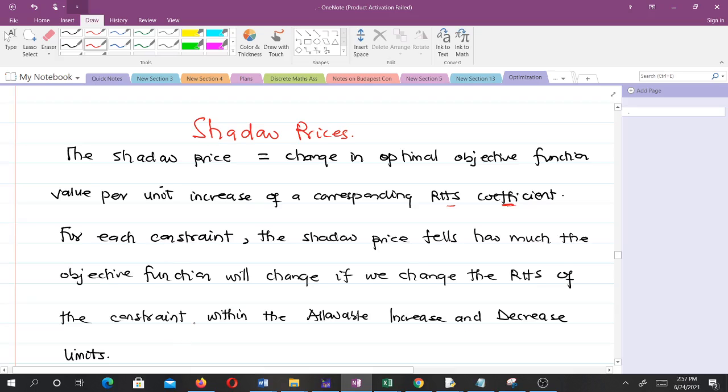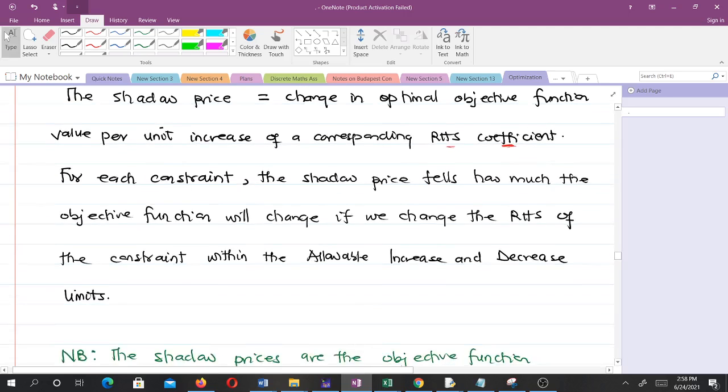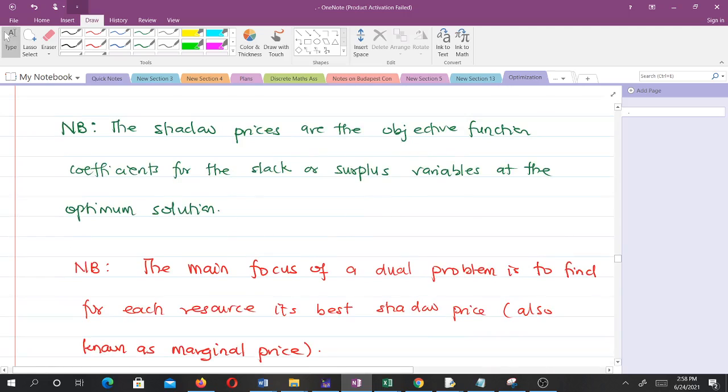Mostly when we perform the sensitivity analysis, we get to know the sensitive range, that's the range in which we can either decrease or increase the right hand side. Note, the shadow prices are the objective function coefficients for the slack or surplus variables at the optimum solution. So when you solve the primal problem, the shadow prices are going to be the objective function coefficients for the slack or surplus variables at the optimum solution.